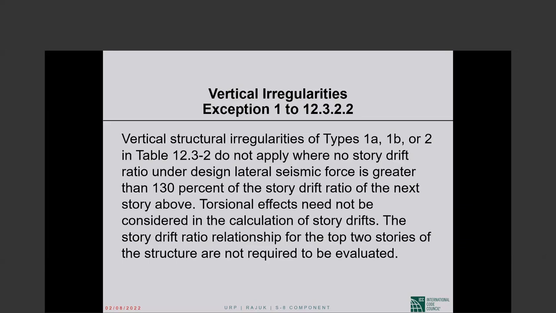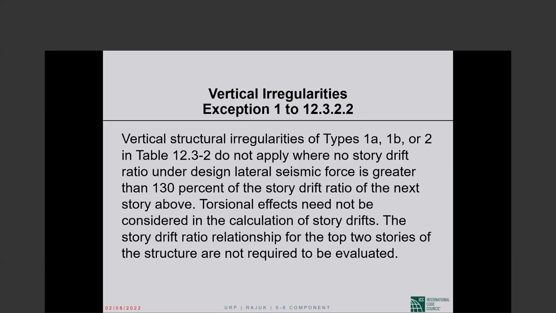Vertical structural irregularities, not just the one we are discussing, but 1A, 1B, or 2, all three: torsional, extreme torsional, and mass irregularity. Vertical structural irregularities 1A, 1B, or 2 do not apply.